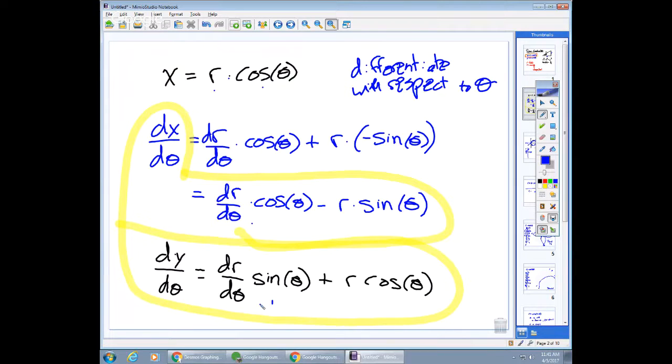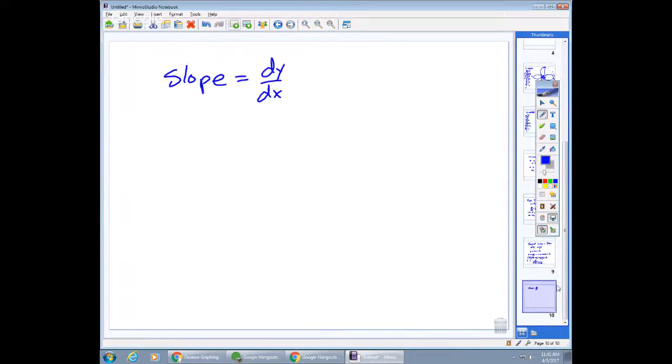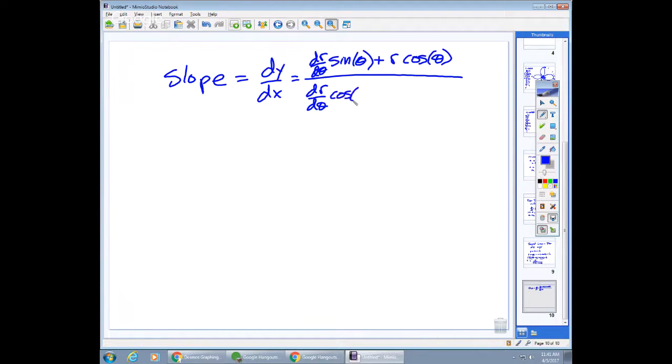All right. So we won't do this often. My numerator here is going to be dr d theta times the sine of theta plus r cosine theta, divided by dr d theta cosine of theta minus r sine of theta.